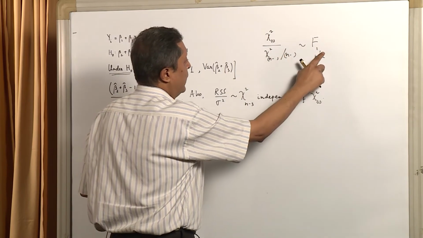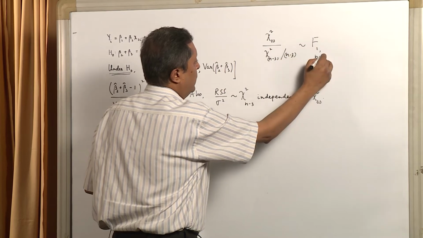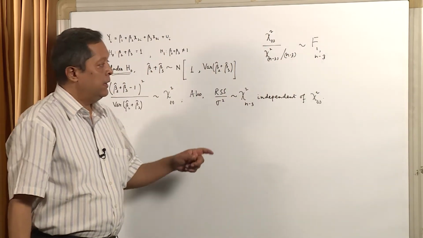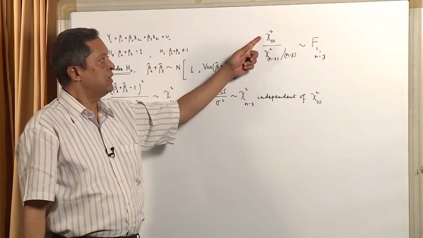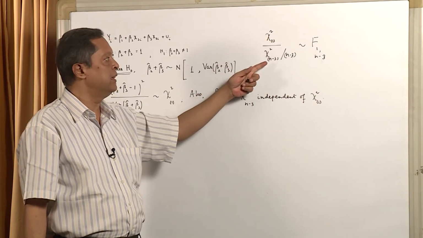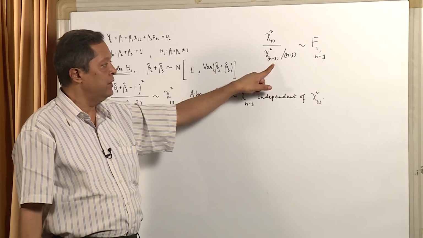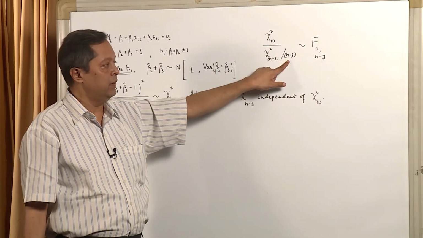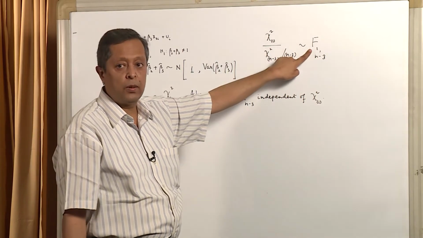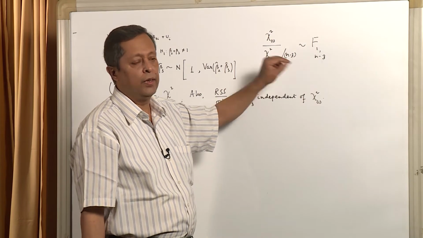So, we substitute and we write n minus 3, and so we develop the test statistic chi-square with 1 degree of freedom divided by 1, that is implicit, all upon chi-square with n minus 3 degrees of freedom divided by n minus 3, following an F distribution with 1 and n minus 3 degrees of freedom.